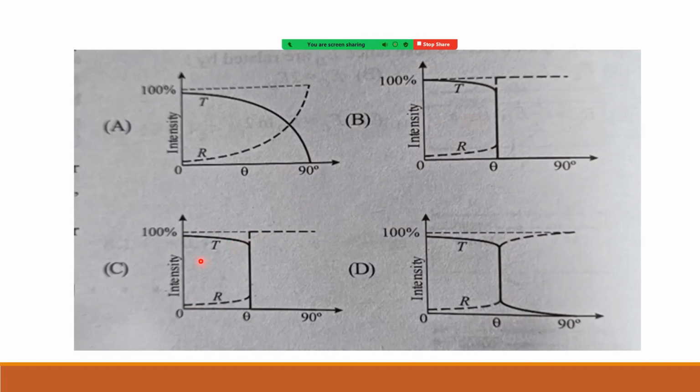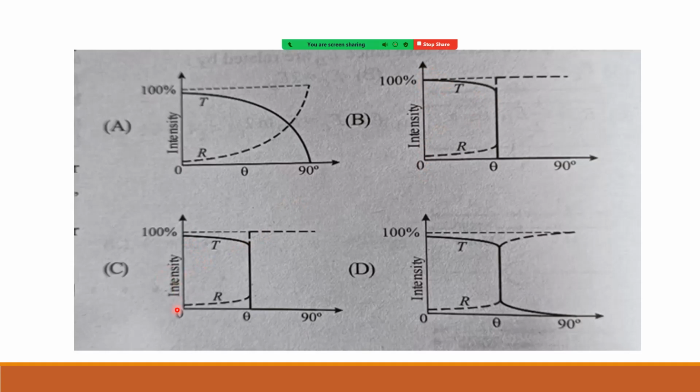Coming to C, transmission is not 100%, but coming to here, it is initially 100%, which is not possible. That means when the angle of incidence is zero, transmission is 100%. That is not possible.